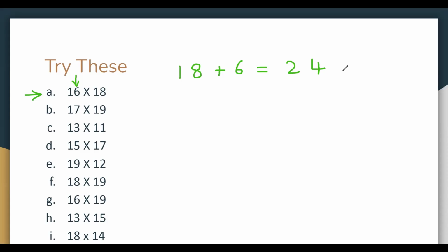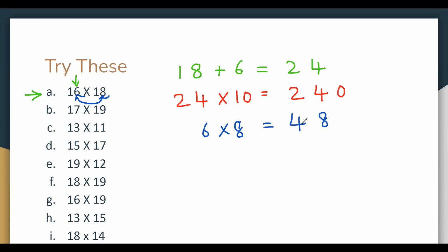This was our first step. For second step, we will multiply 24 with 10 and we get 240. For third step, we will multiply the ones digit. That is 6 8s are 48.